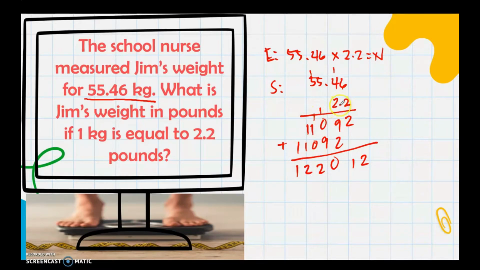Okay, then count the digits after the decimal point of the factors. We have 1, 2, and then there's another decimal point here, 3. So a total of 3 in the product. We just move 3 places, 1, 2, 3. Okay, so the answer is 122.012 pounds.